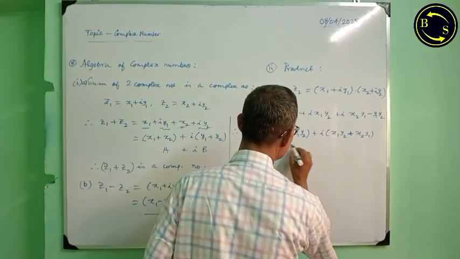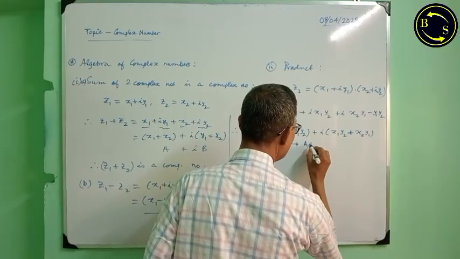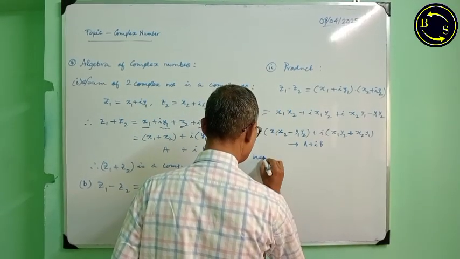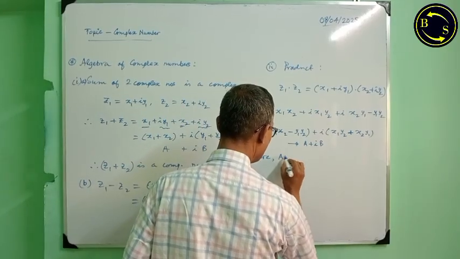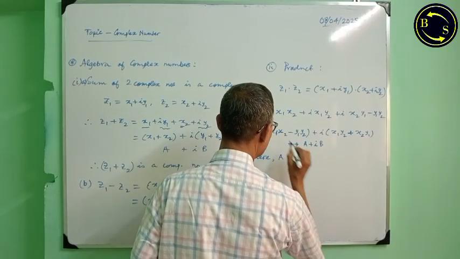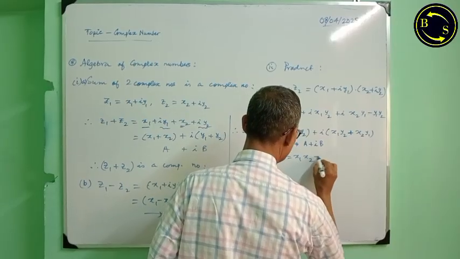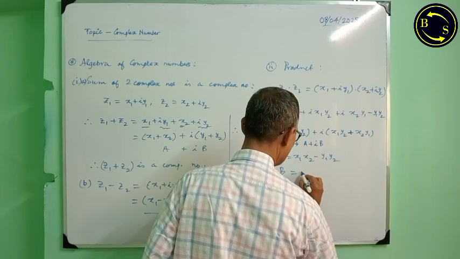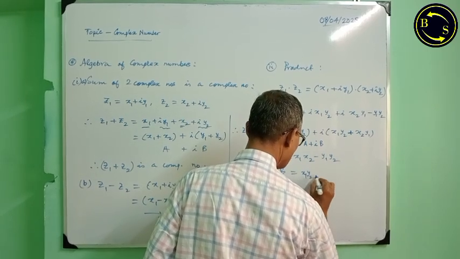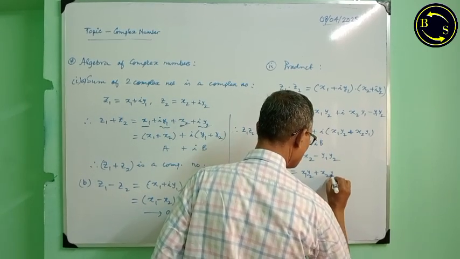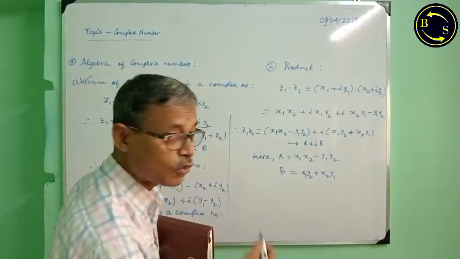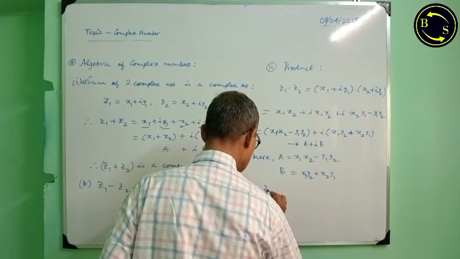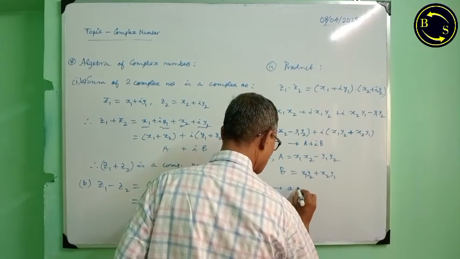Thus we find this is of the form a + ib. Therefore, product is also a complex number. Therefore Z1 Z2 is a complex number.